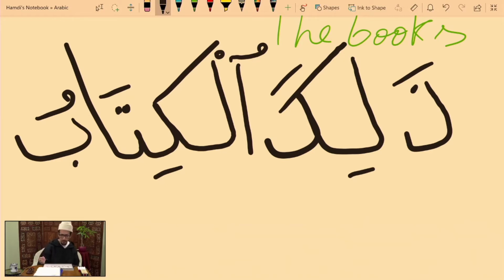That is the book. That's what we find in the first verse of Surah Al-Baqarah. Alif Lam Mim. That is the book. Al-Kitabu, the book.